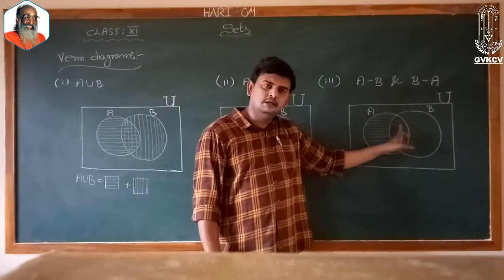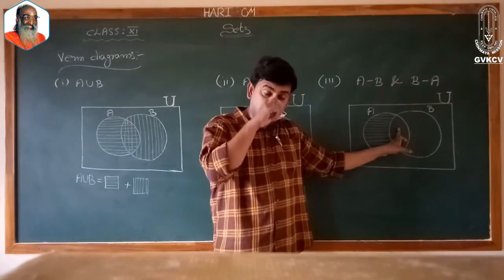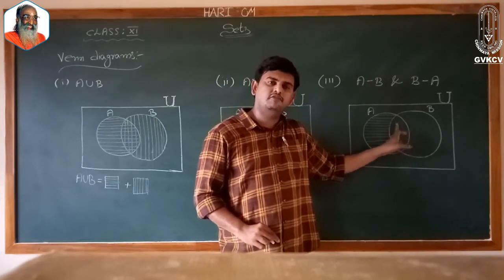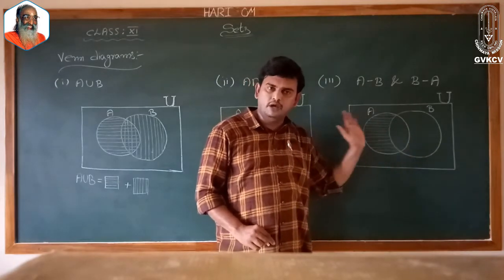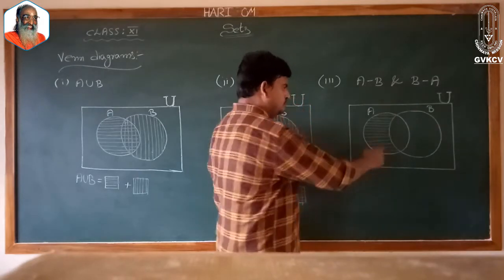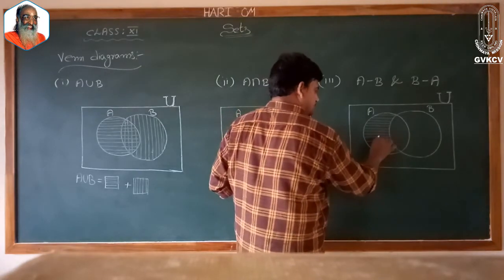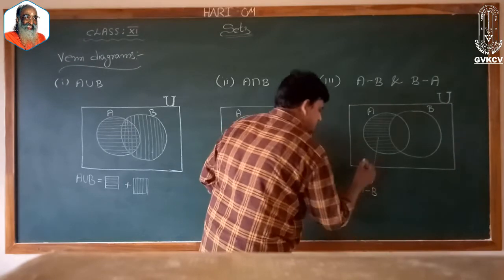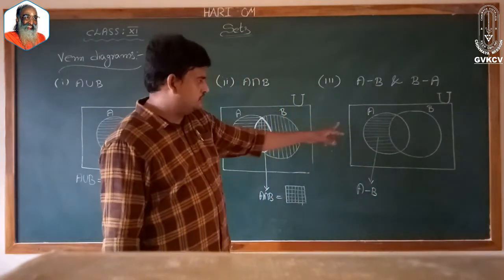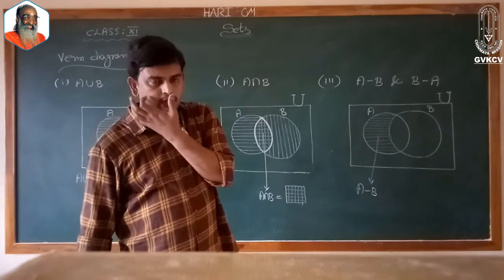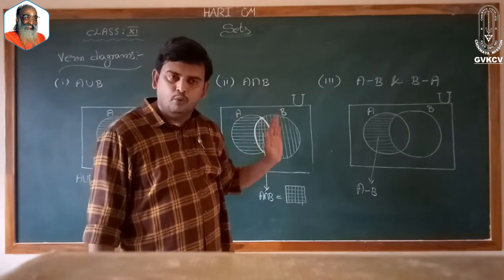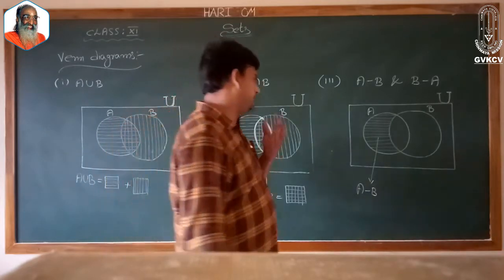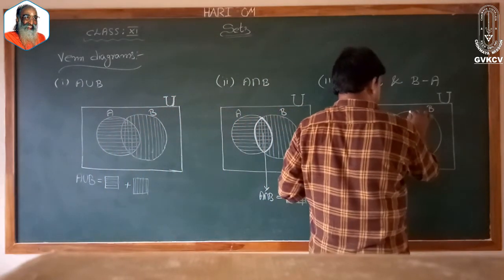Yes, it is also part of A, but this part is also part of B. This is the common part for both A and B. When we are eliminating B, we should not consider this also. So this shaded portion is called A minus B, meaning only A but not B. Now B minus A.